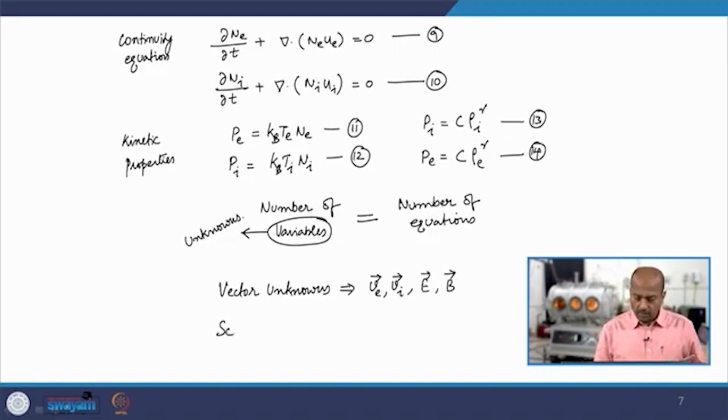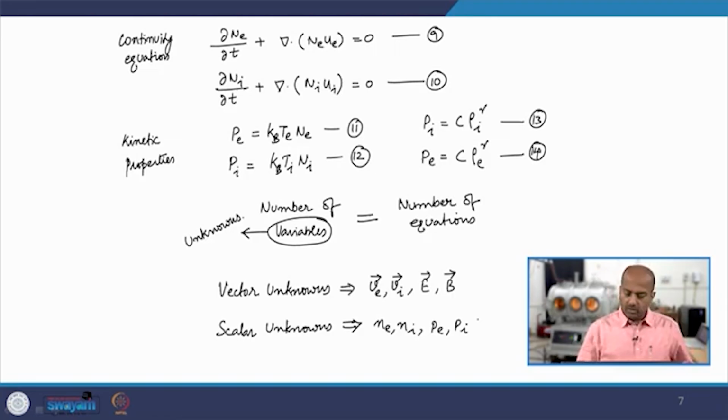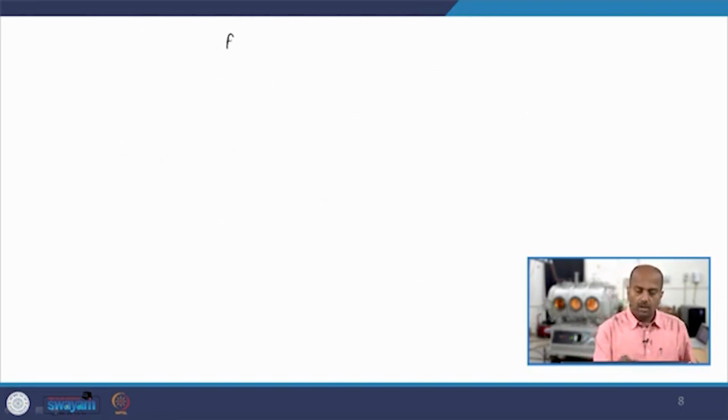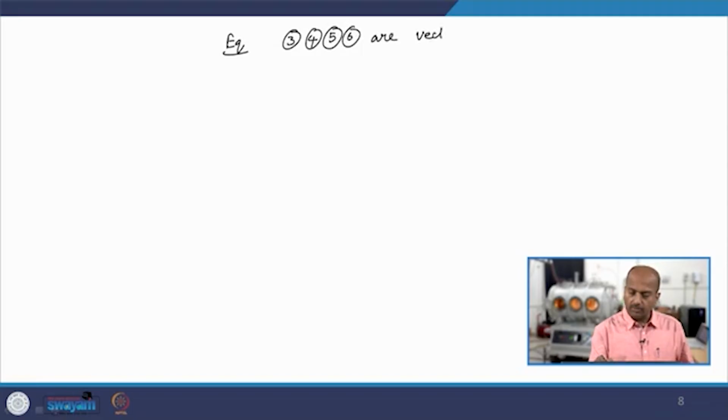Similarly, we have scalar unknowns. What are they? We have Ne, Ni, Pe, Pi. Equation numbers 3, 4, 5, 6 are vector equations.